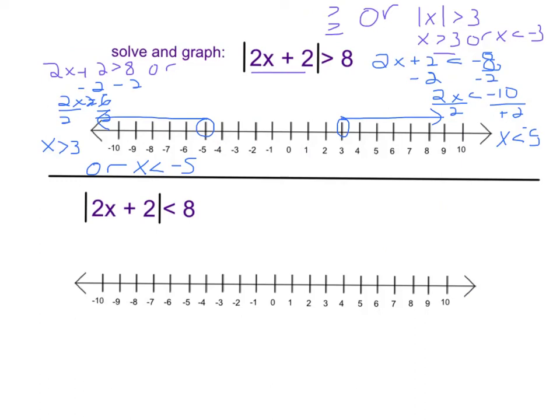For this next example, I find it easier because I find and inequalities easier. Since this is a less than, I know it's going to be and. So again, let's look at our first simple inequality. The absolute value of x is less than 3. We ended up writing that as negative 3 is less than x is less than 3.